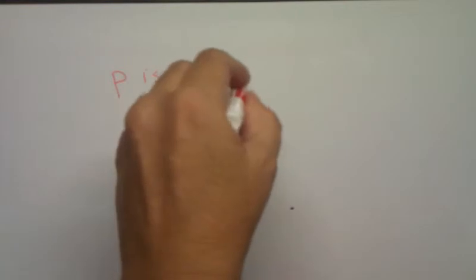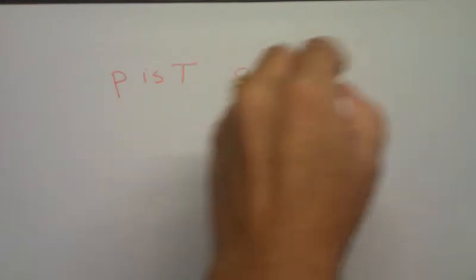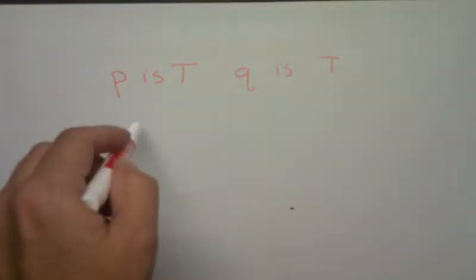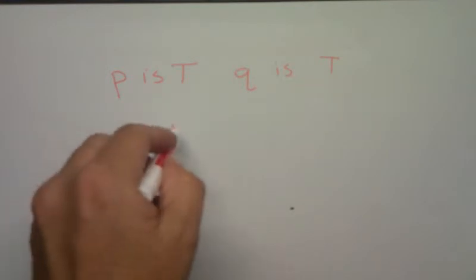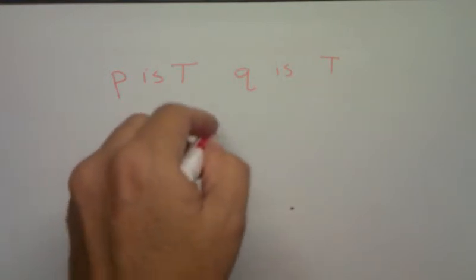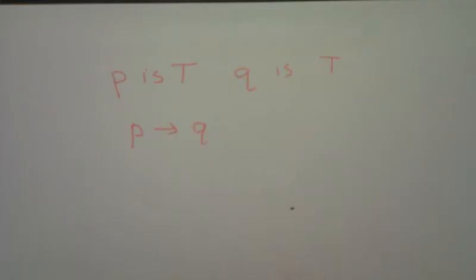If P is true and Q is true, what is the conditional? Okay. If P is true and Q is true, the conditional is true.